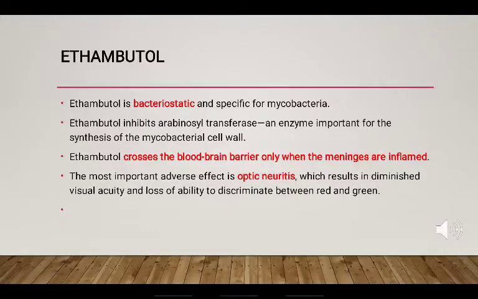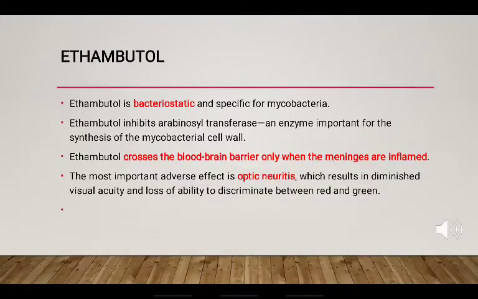If you have a patient who has meningitis, you need to know that ethambutol crosses the blood-brain barrier only when the meninges are inflamed. I mean, if the patient doesn't have meningitis, it doesn't go to the brain, it doesn't go to the CSF, it can't cross the blood-brain barrier. Only if the meninges are inflamed can this medication cross and go to the CSF.